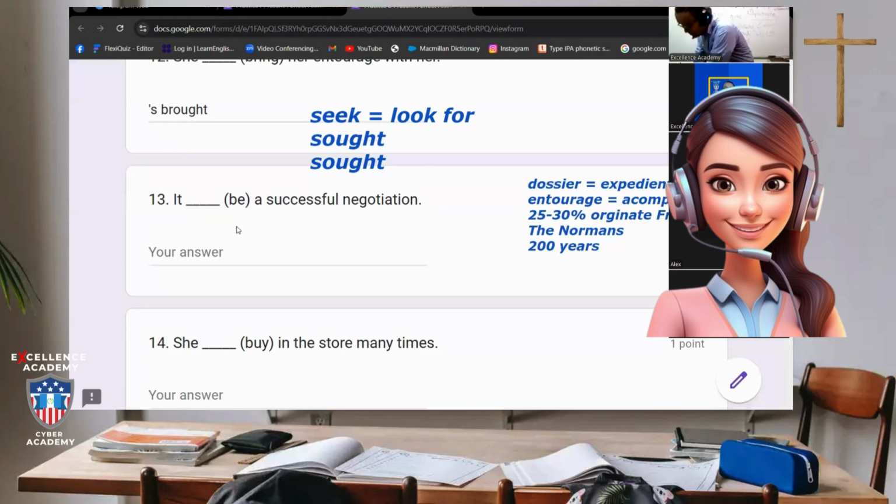Okay, let's go. Number 13. A successful negotiation. I'll give you a tip about that one in just a moment. But what's the contraction, people? It's been. Ha sido. It's been a successful negotiation. Now, let me give you a tip. Remember, this is another French word.